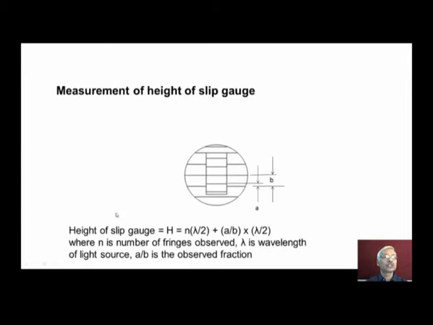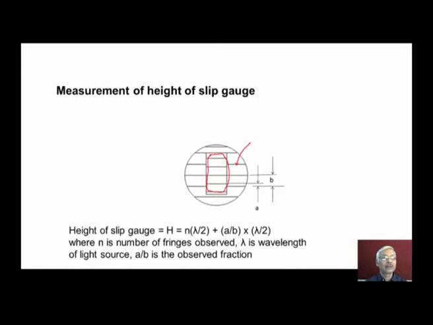Now, how do we measure the height of the slip gauge? When the fringe pattern is obtained, depending upon the height of the slip gauge, the fringe pattern is obtained like this. This is the fringe pattern obtained by the surface of the gauge, and this is the fringe pattern obtained by the base plate.